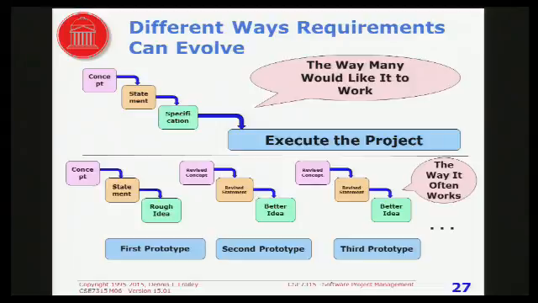So this is why you have iterative and agile lifecycle models, because you know that this waterfall-ish kind of approach probably won't work for most projects. In most projects, you're going to have to come up with a rough idea, maybe build a prototype, and then realize, well, we didn't understand the problem very well. We need to revise our understanding of what needs to be done, do it again, and maybe keep doing it again and again and again.